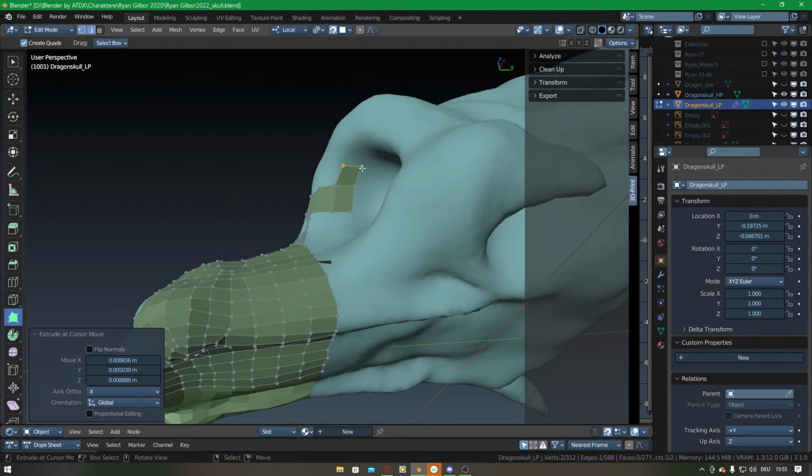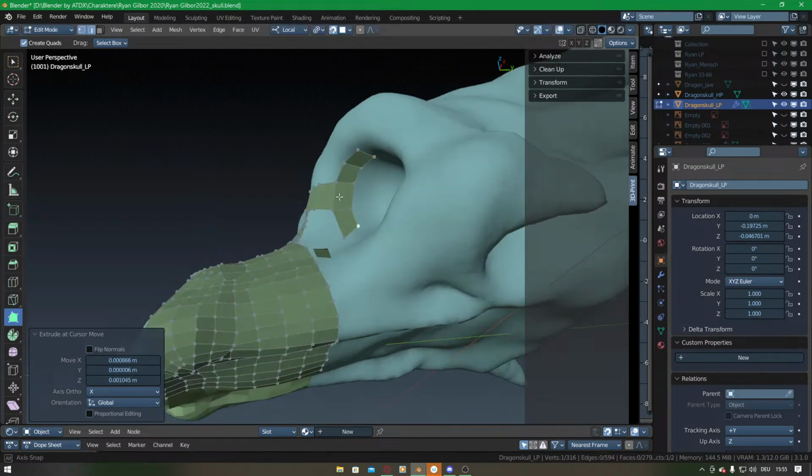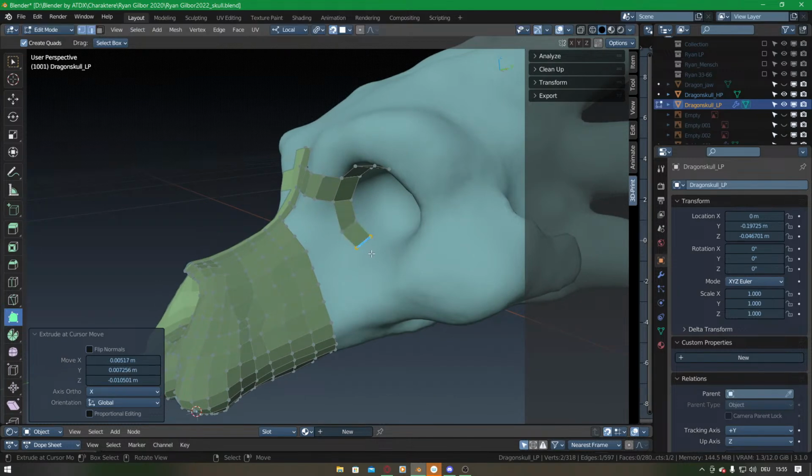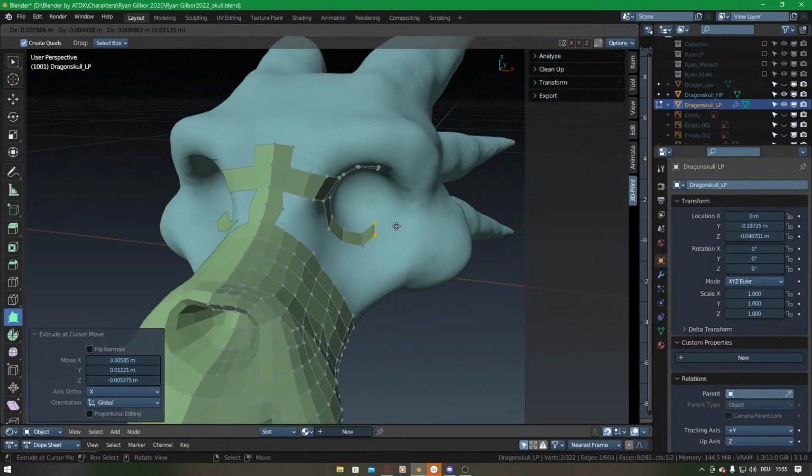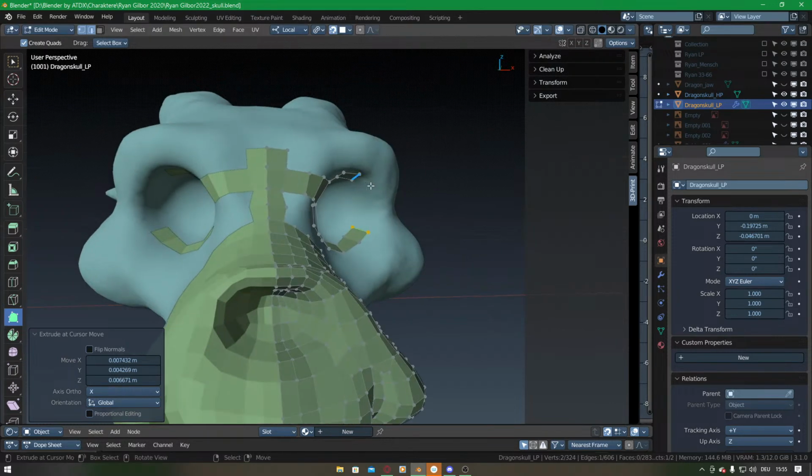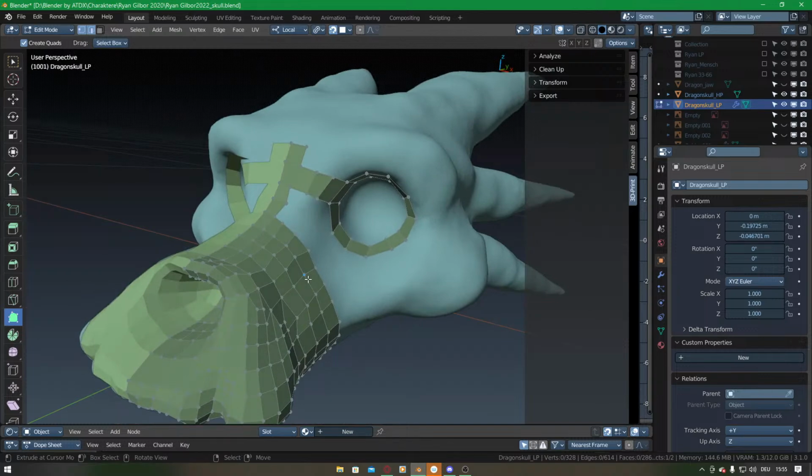So, how many are there? 11, so one's missing.